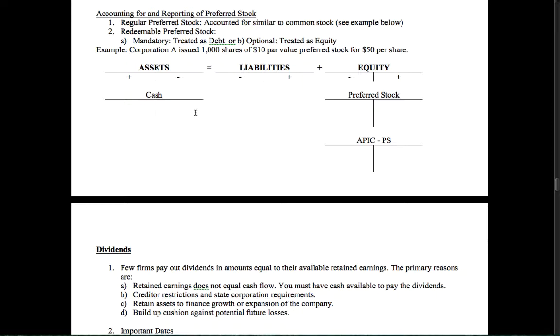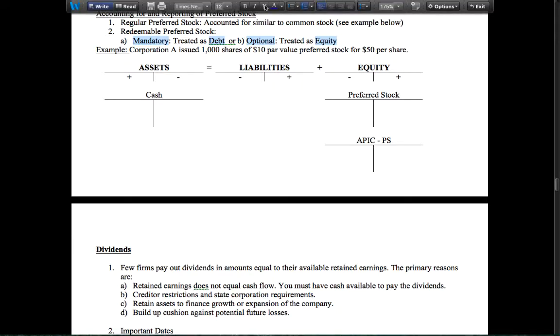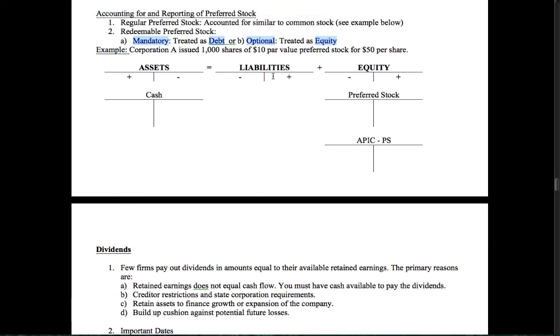That is all that you need to know for redeemable preferred stock. I just want you to make sure that you understand that if it is mandatory, it is debt, and if it is optional, it is equity. So if you can keep those straight, you should be able to answer any question that may arise on the homework or the exam or a quiz.